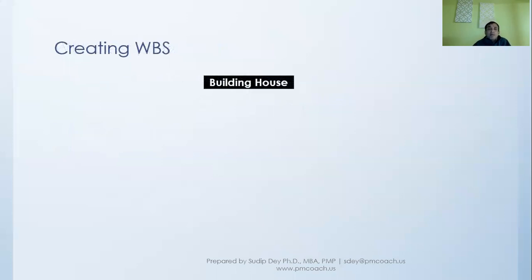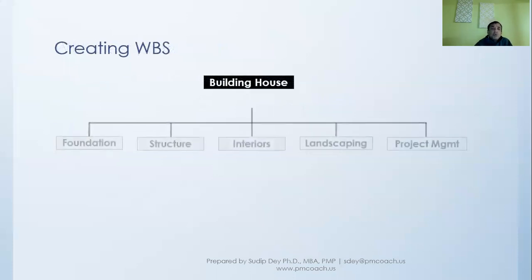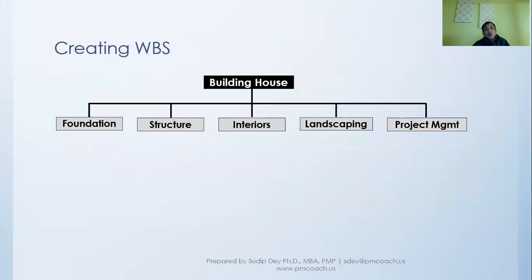Let's say we are building a house, and we have talked about different deliverables. So these are the different deliverables that we have identified: the foundation, the structures, the interiors, landscaping, project management.